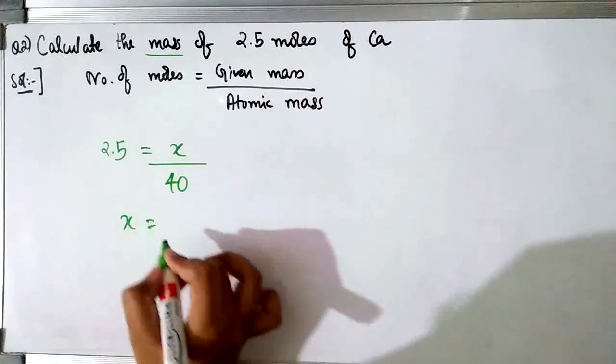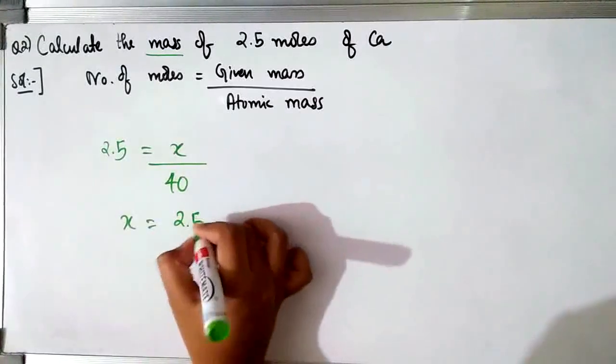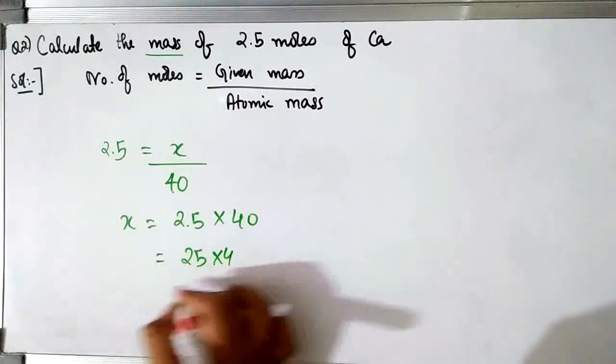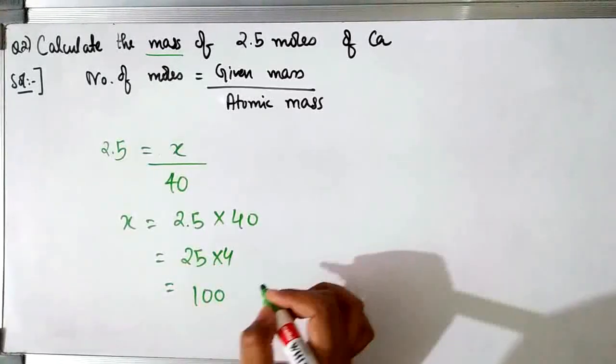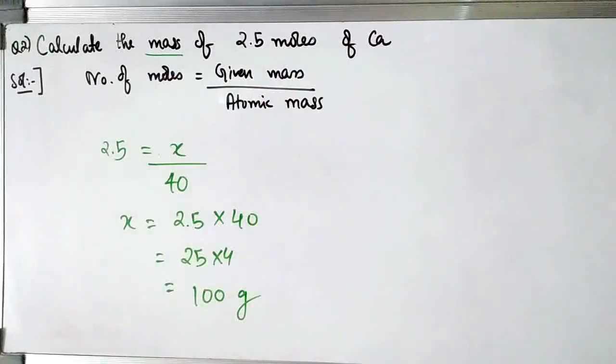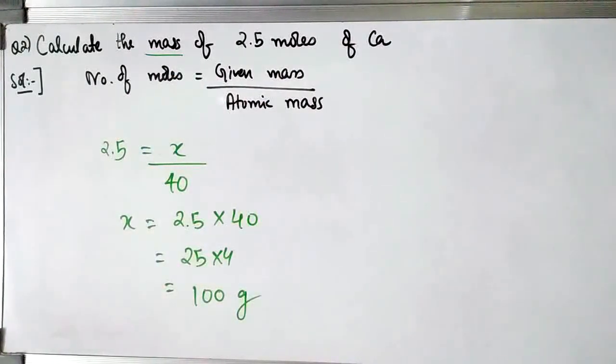Okay. So the final answer to this will be 2.5 into 40, that is 25 into 4, which is nothing but 100 grams, because they have asked us to find the mass. So this was simple. So they may give you any of the values present in this, and you need to find the other value. Okay.